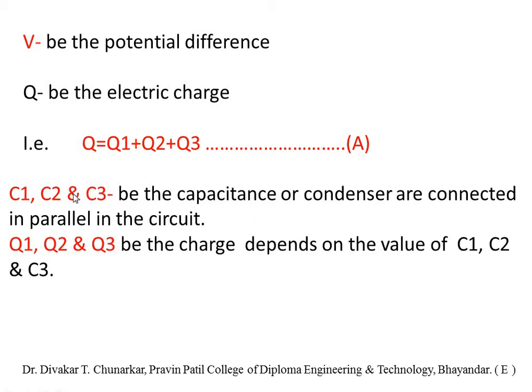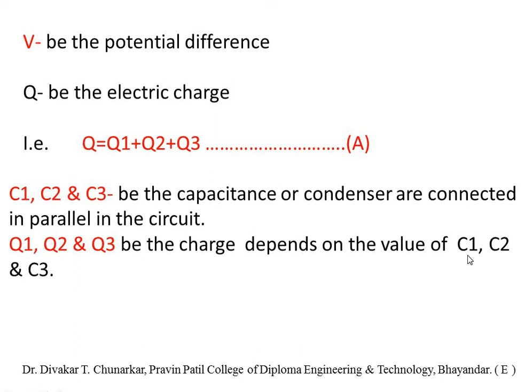So here C1, C2, C3 are the capacitances connected in parallel in the circuit. Q1, Q2, Q3 are the electric charges, which depend on the capacitance, keep that in mind.